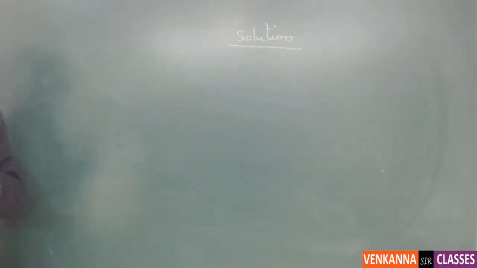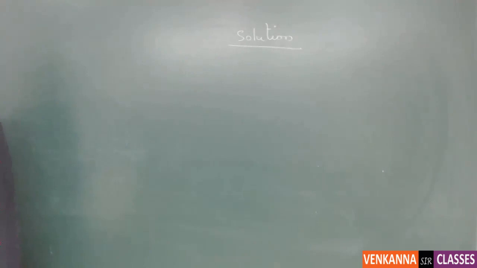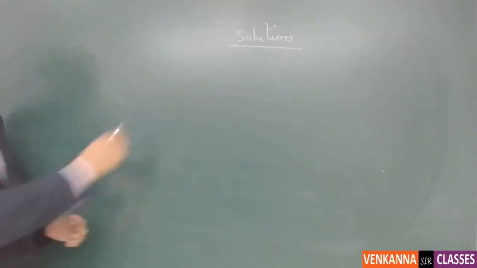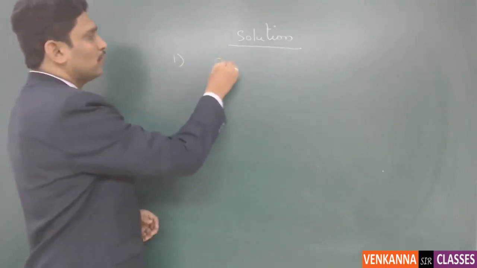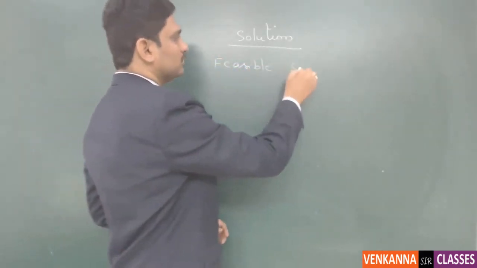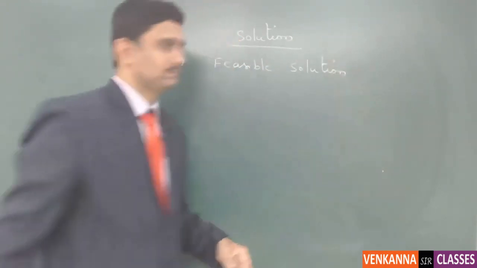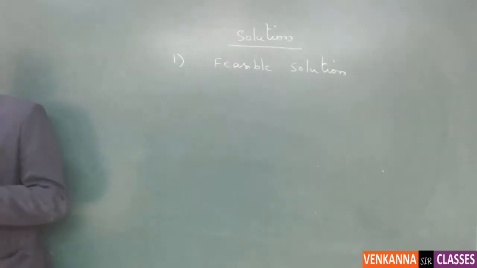Now see, for a linear programming problem, there are different solutions available. First one is the feasible solution. What is meant by a feasible solution?